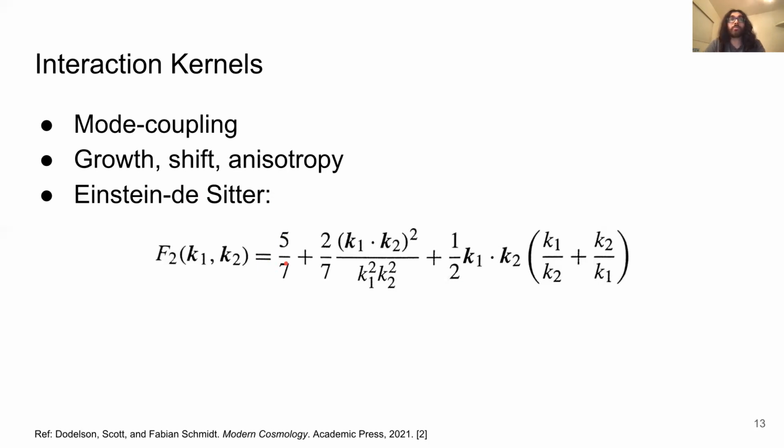The second term here is called a shift term, and this encodes in it all of the motion of the density perturbations from the gravitational potential from other perturbations. So it's the effect that other perturbations have on a given perturbation gravitationally. And then this third term here gives you the distortion of the perturbations in this anisotropic manner. So this is called the anisotropic term.